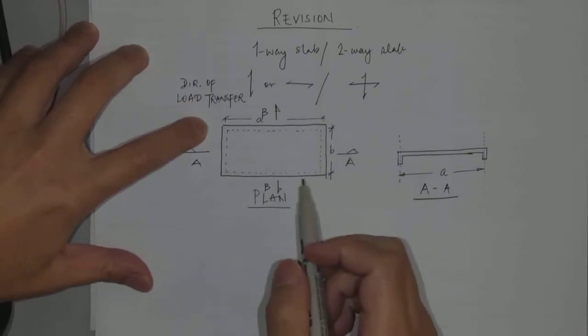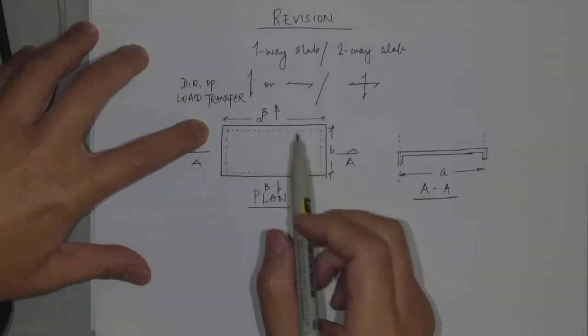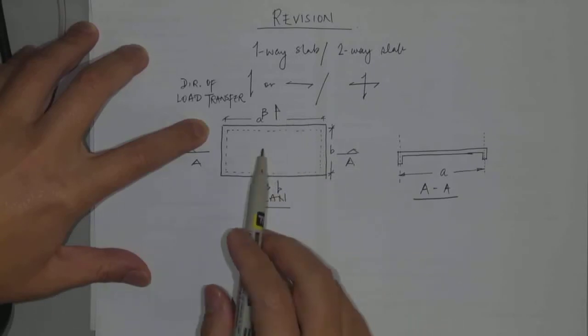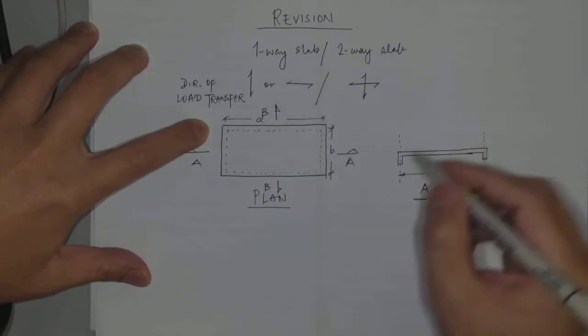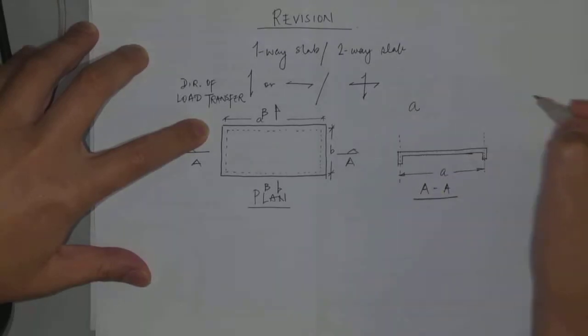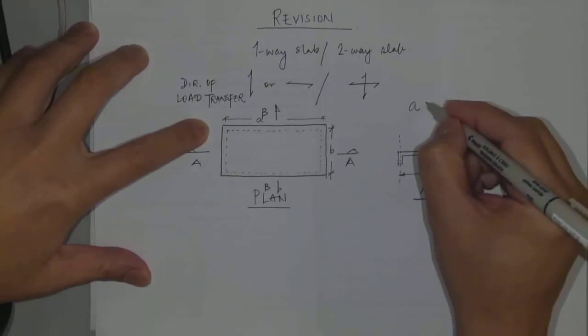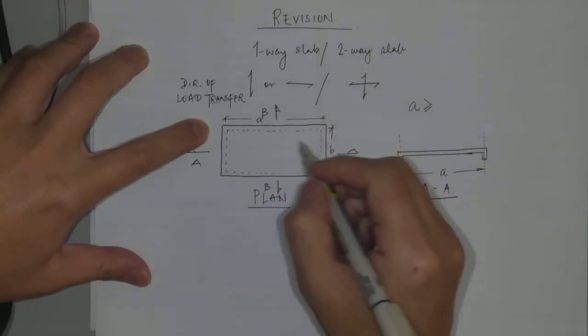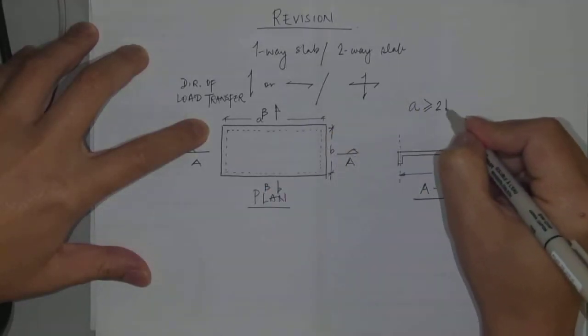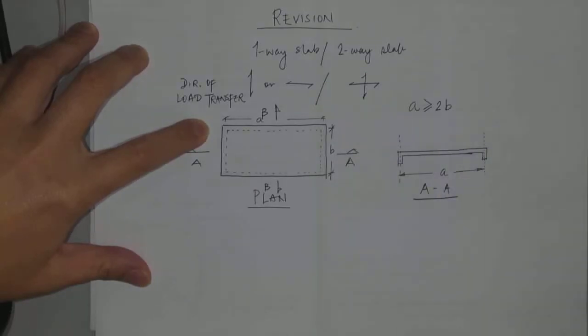So how do we define a one-way slab? That's defined on the ratio between A and B. If A is greater than or equal to twice B, then it's a one-way slab.